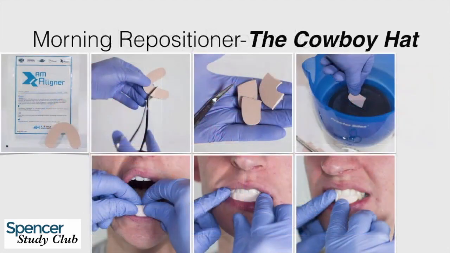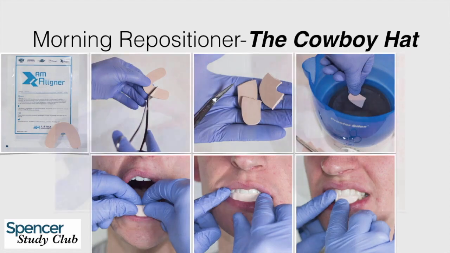Now, if you use tap appliances, you may have a whole bunch of these AM aligner discs laying around, and you could also do the same technique. This is a technique called the cowboy hat that my staff developed, where we take these AM aligners and cut them into thirds. And then you do the same thing as we did with the thermoplastic beads, but just with that AM aligner arch cut into 3 pieces.